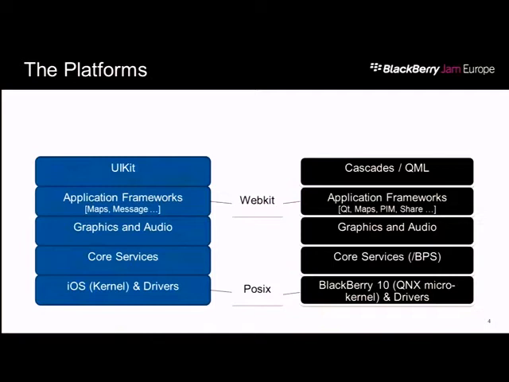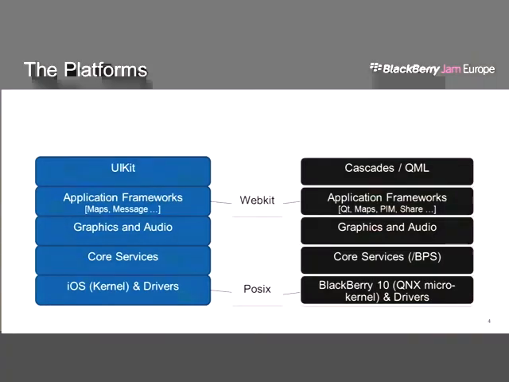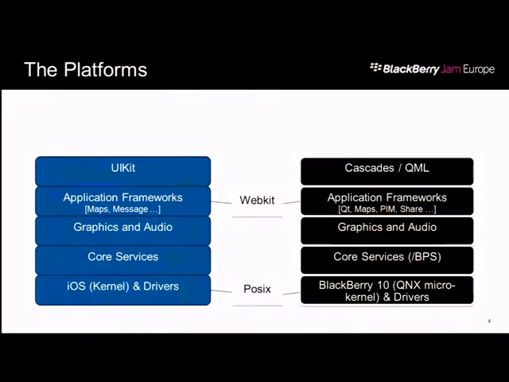If you're bringing HTML assets in your applications, you can rely on certain WebKit-specific functionality, even though you're supposed to be bringing HTML5, so all applications should be HTML5 compliant now, and we certainly have that built into our WebKit engine as well. And then on iOS, you've got UIKit, and that's what we're going to contrast and compare to our Cascades framework and QML.